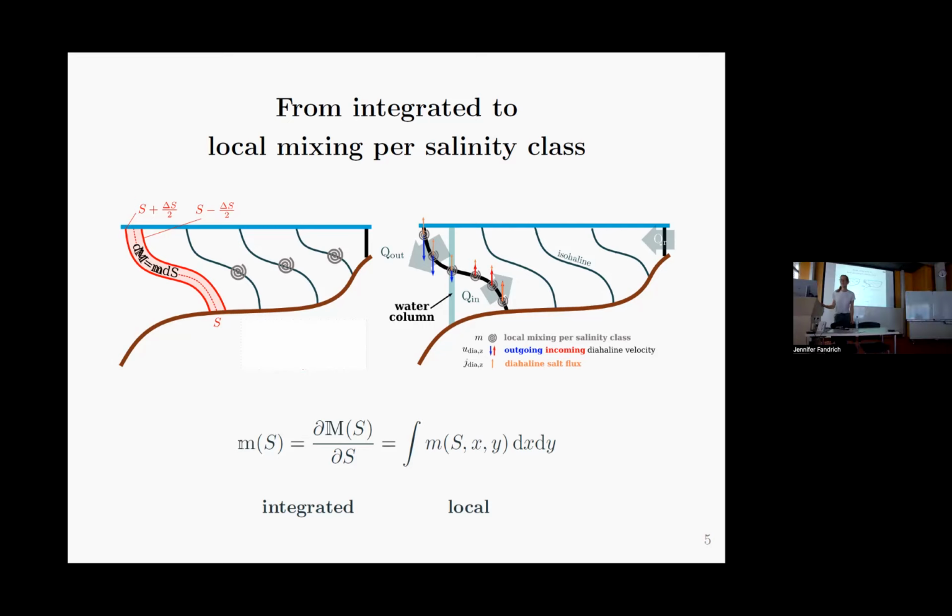In your figure, it seems like it's not perpendicular everywhere. Can you try speaking up a bit, please? I'm sorry. I was looking at the second figure, and the incoming and outgoing diahaline velocity. From the arrows, I assume it should be perpendicular to the isohaline everywhere, right? But in this case, it seems like not.